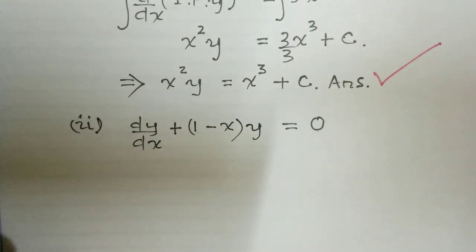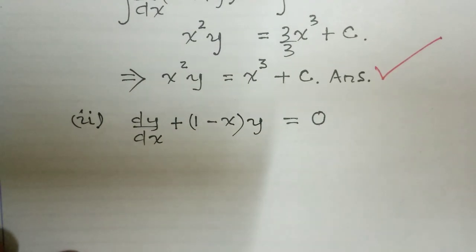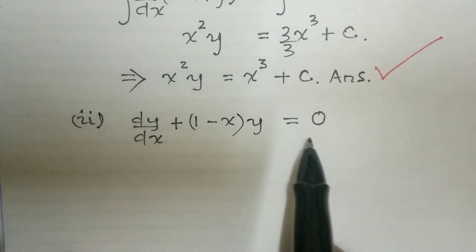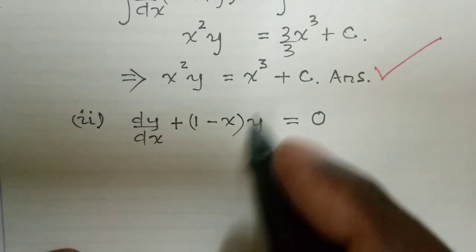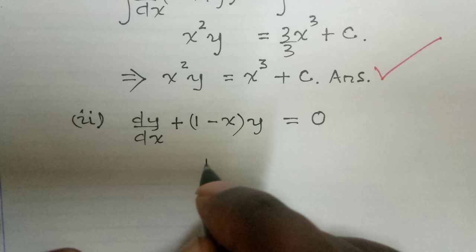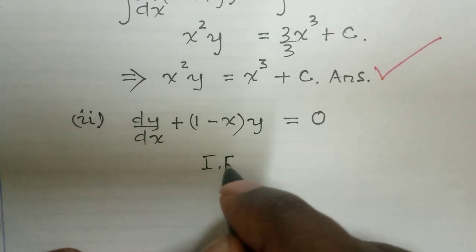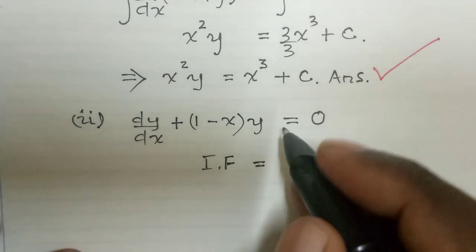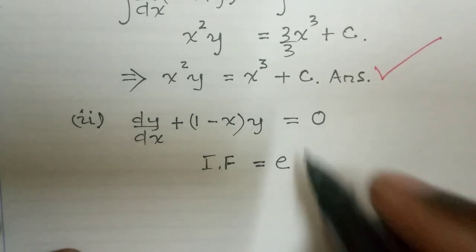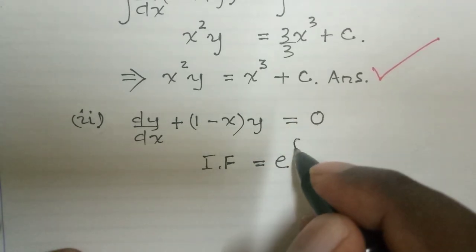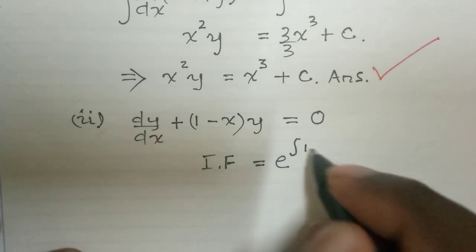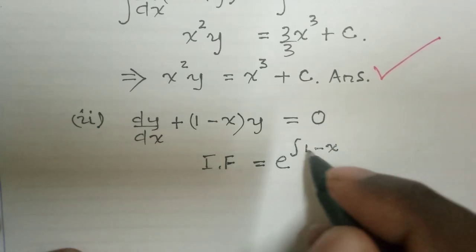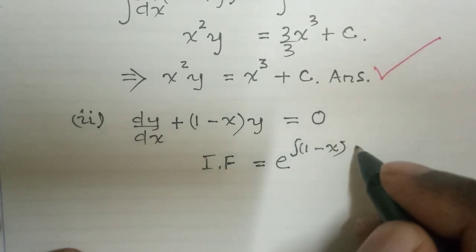For this one, since it's already written in the format that we want, the integrating factor is going to be equal to e raised to the integral of (1 minus x) dx.